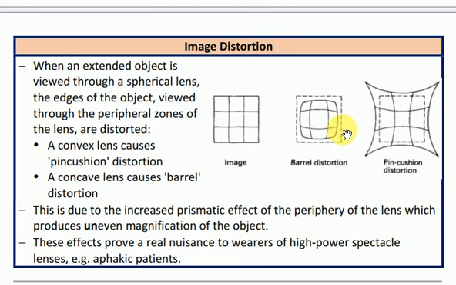A concave lens causes barrel distortion, while a convex lens causes pincushion distortion. So this is formed by a convex plus lens. These effects prove a real nuisance to wearers of high power spectacle lenses, for example aphakic patients.